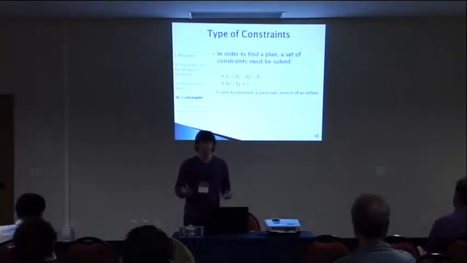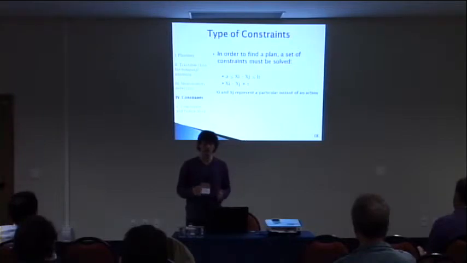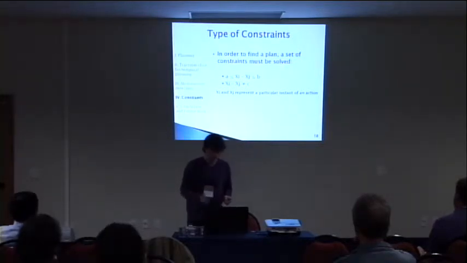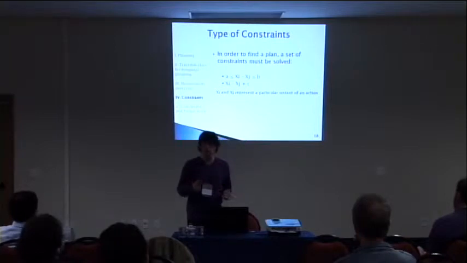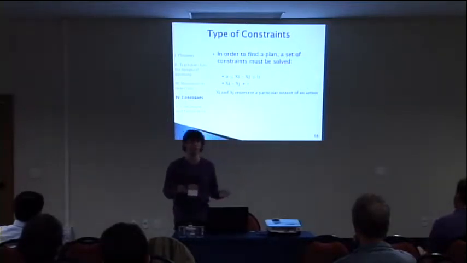So, once we have a problem that belongs to the class, in order to solve it, in order to find a plan, a set of constraints must be solved. So here is the form of the different constraints, with xi and xj that represent a particular instant of an action, for example, the instant where an action establishes a fluent or destroys it.